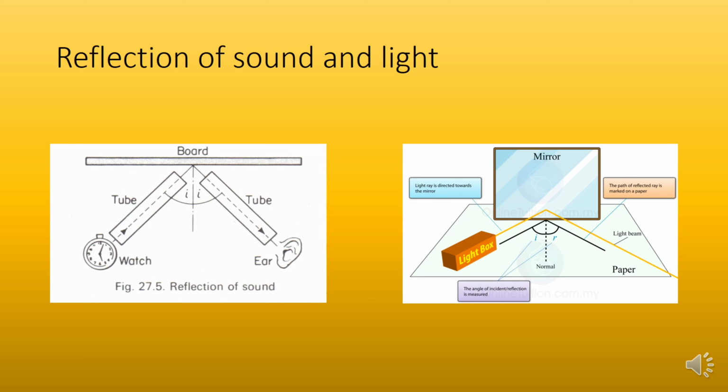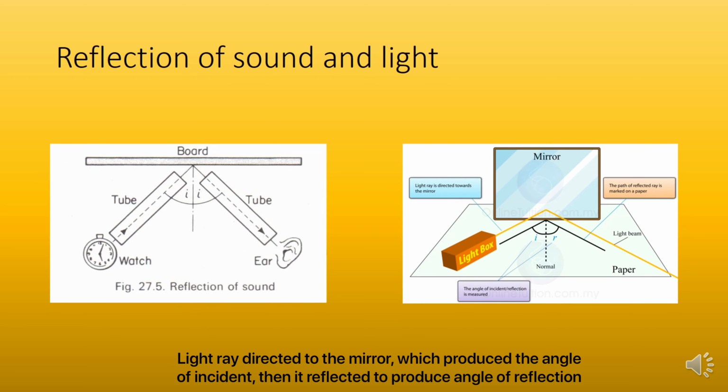Okay, so this is another example on the right side of this page. This is reflection of light. A light ray is directed towards the mirror.